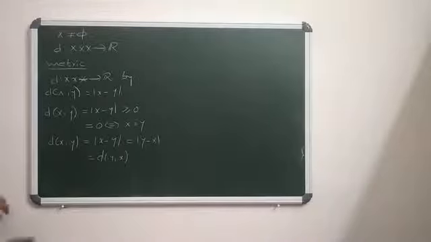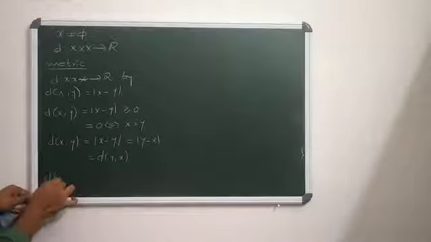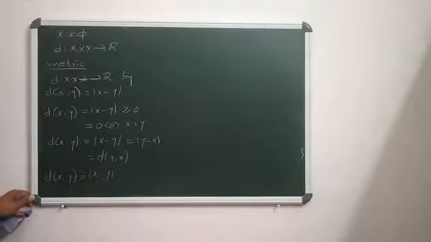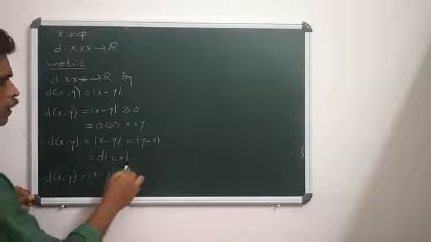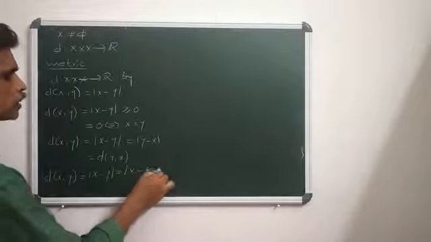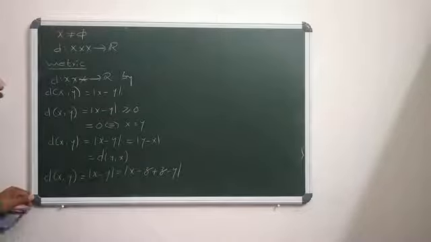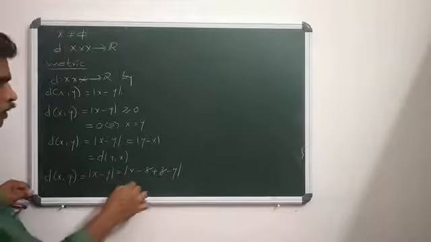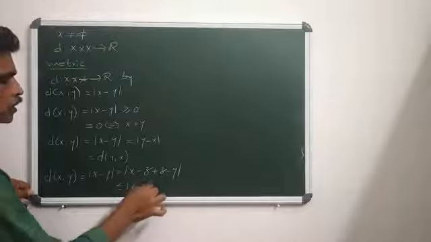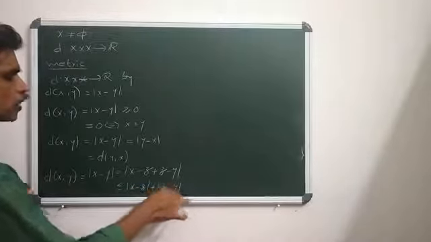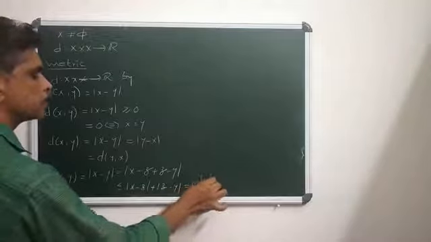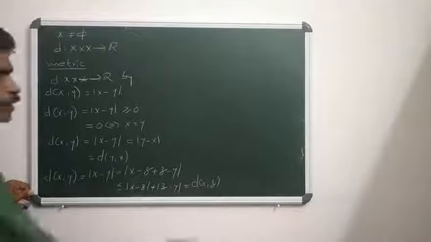Moreover, what about the triangle inequality? We have d(x,y) equals modulus of x minus y. This is the same as modulus of (x minus z) plus (z minus y). We can introduce minus z and plus z simultaneously. By the property of modulus, it is less than or equal to modulus of x minus z plus modulus of z minus y. Modulus of x minus z is d(x,z) and modulus of z minus y is d(z,y).